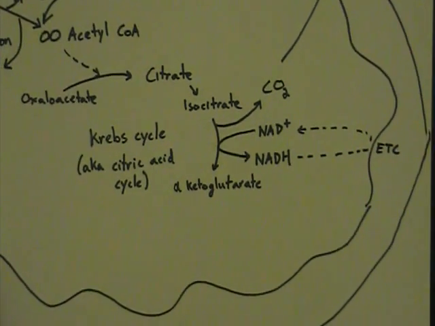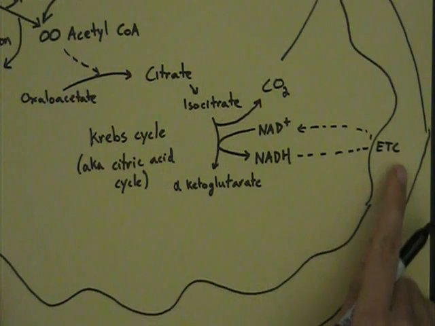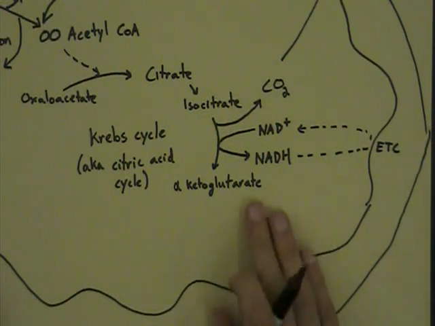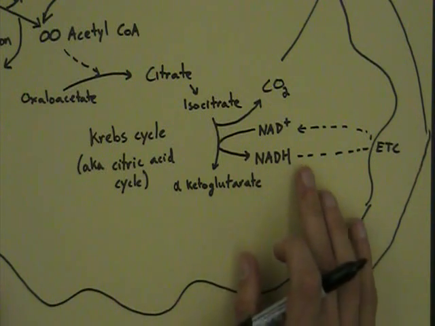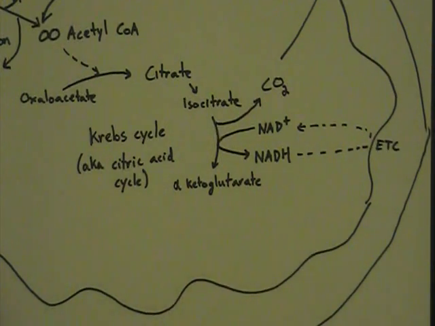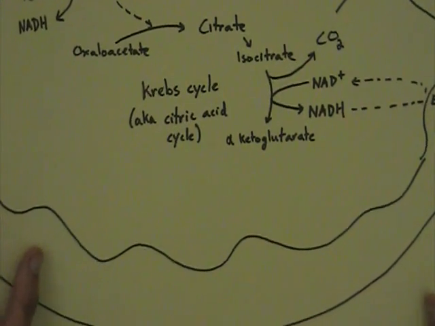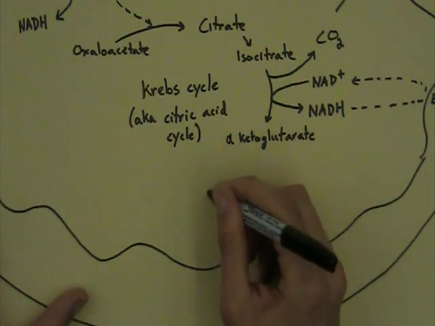Let's zoom out so you can see that. There we go. It moves to the inner membrane, and I've just abbreviated electron transport chain. This is a high energy electron carrier, and that energy is going to be passed on to the electron transport chain to make copious amounts of ATP. Alpha ketoglutarate is transformed then into another molecule.